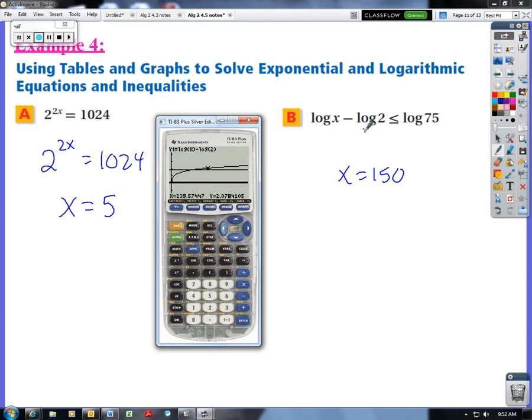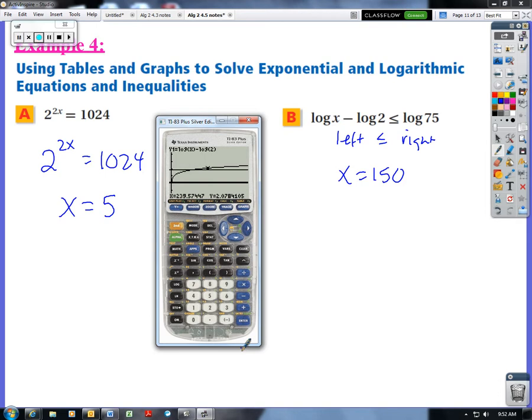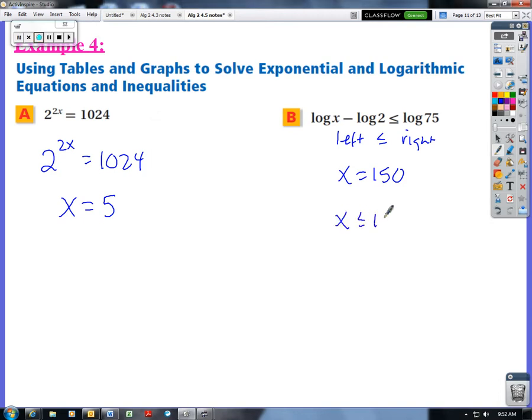We want to know when the left-hand side is less than or equal to the right-hand side. So we need to know when this curve is below, down here. So it's going to be everywhere where x is less than or equal to 150.